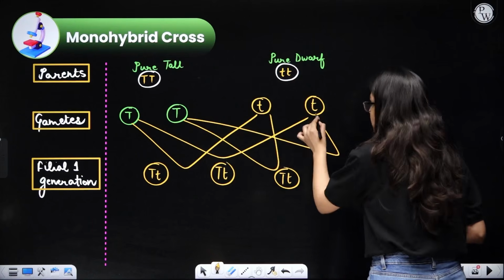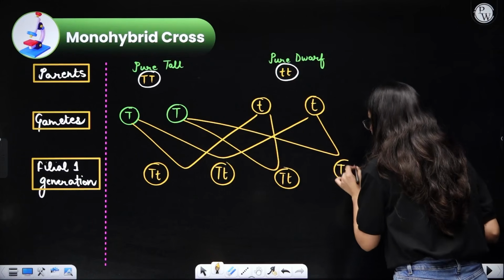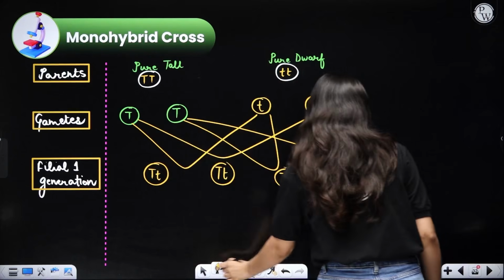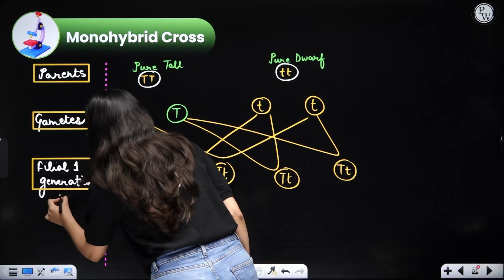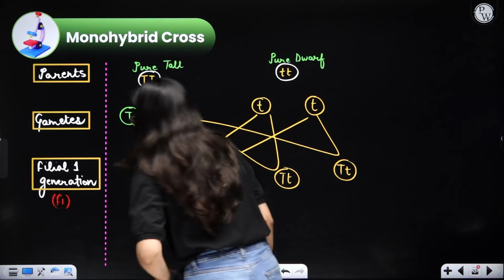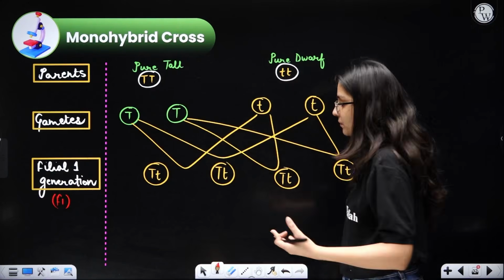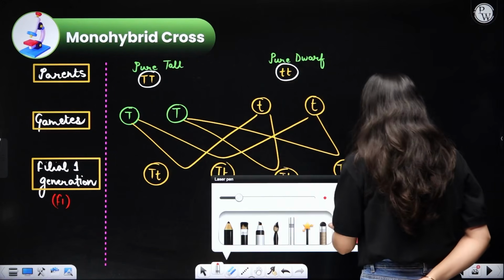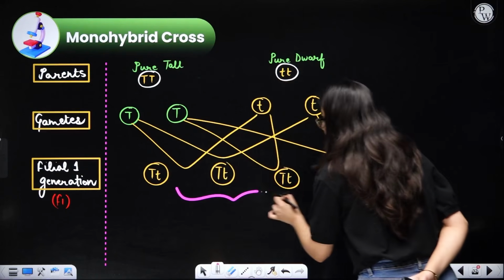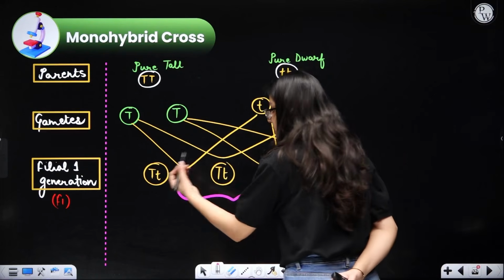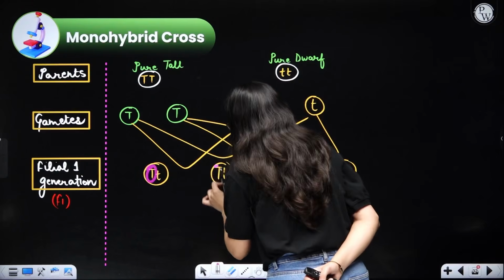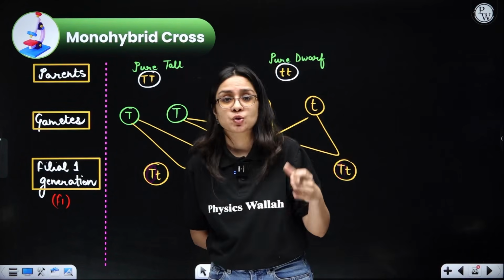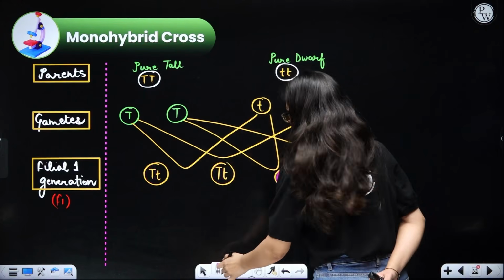And when they fuse, it will form capital T small t. Now this generation that you just received is called the filial 1 generation, or it could also be termed the F1 generation. Filial 1 or F1 generation, one and the same thing. But did you notice that all the plants that you see over here are tall in nature? Why are they tall? Because they are heterozygous and they all contain one dominant allele. So when there is one dominant allele, all of them will show the dominant character, the dominant trait only.